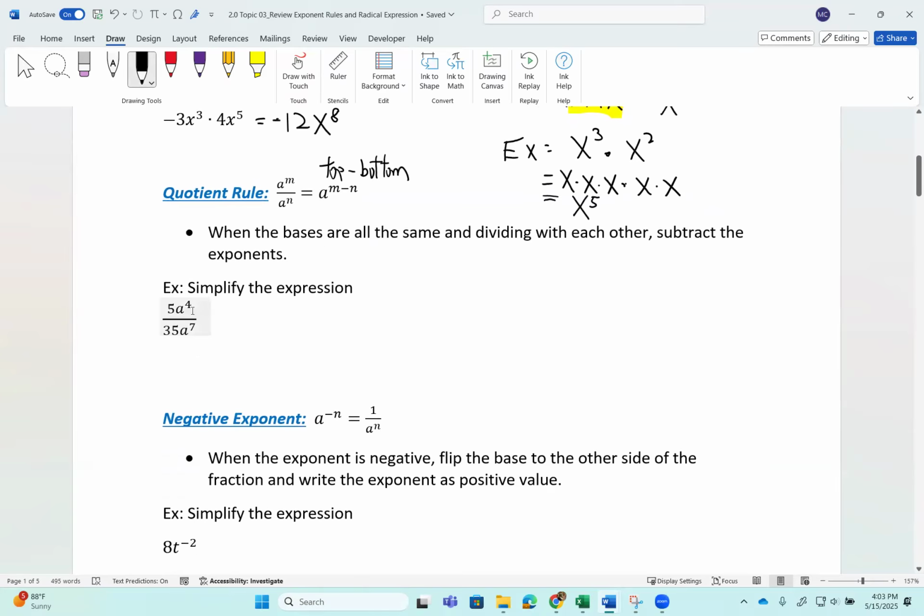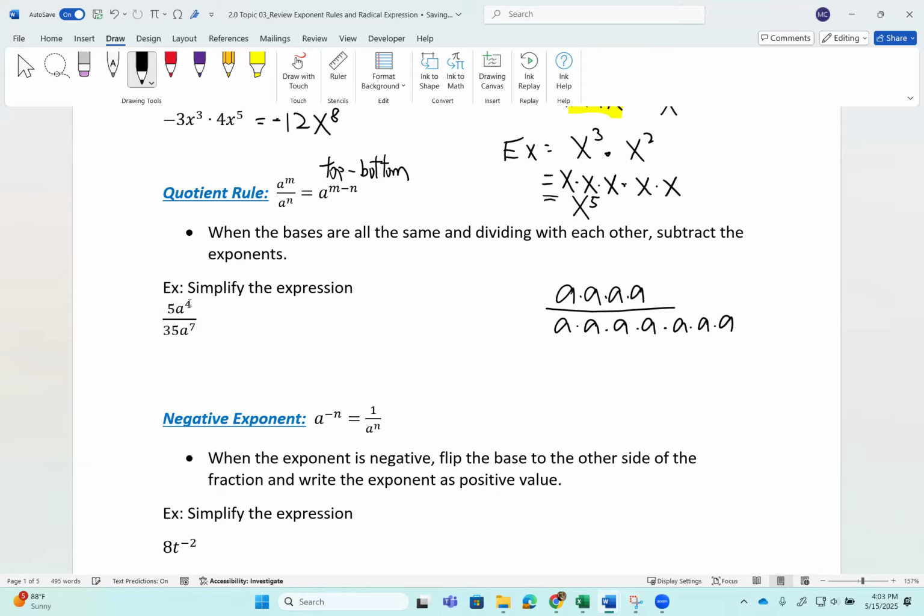Okay, and the reason for subtracting the exponent is because we are basically canceling out the same exact factors, top and bottom. So using this one, for example, I have a to the 4 on the top. That means 4 different a's being multiplied together over a to the 7 in the bottom. That's 7 a's being multiplied together.